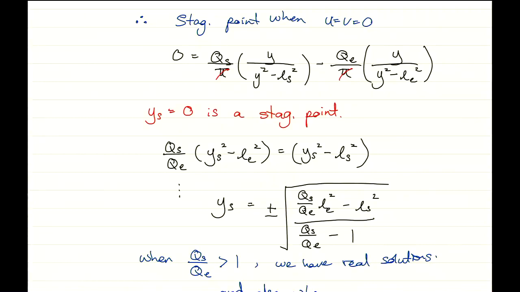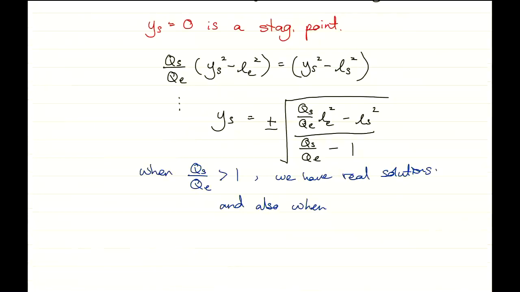Now another alternative is when this term here is negative and this term here is also negative. Okay? So this also occurs when Qs over Qe is less than Ls squared over Le squared.